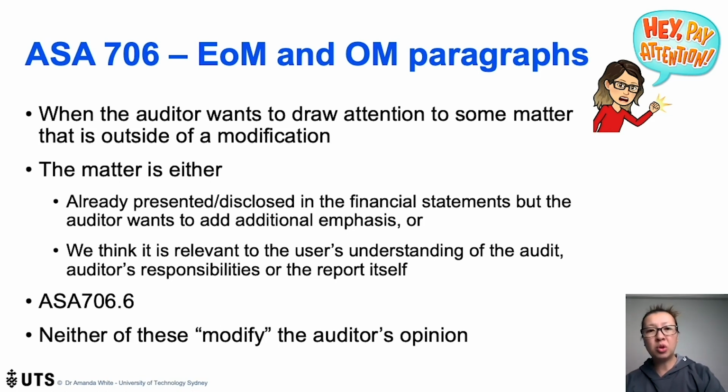And it's for when we want to draw attention. So there are two options. The emphasis of matter is for when stuff is already in the financial statements, and the other matter is for other items. So ASA 706 is the standard there that talks about the definitions of it, and neither adding an emphasis of matter or another matter paragraph are called modifications.